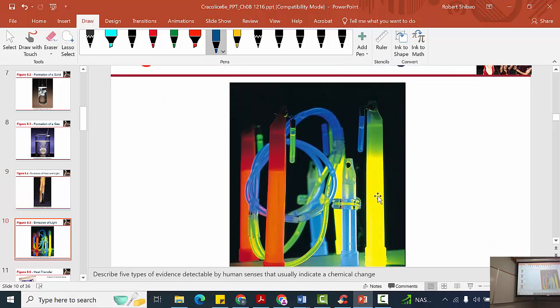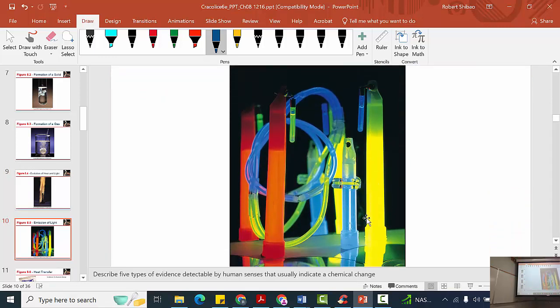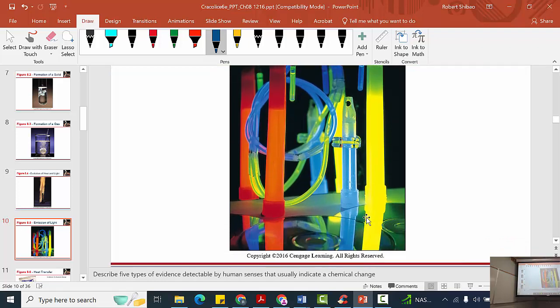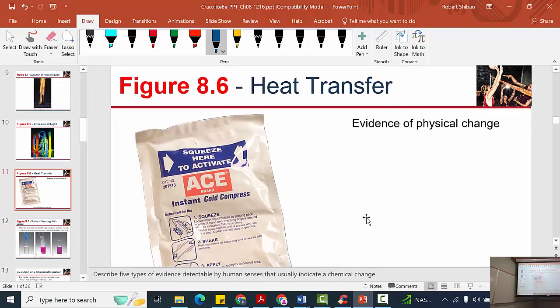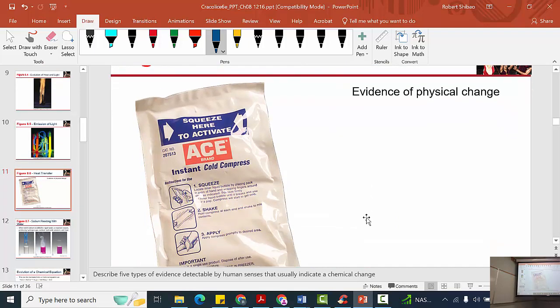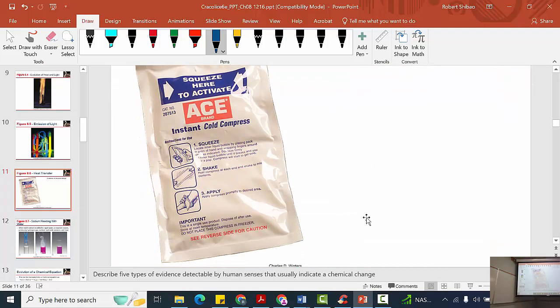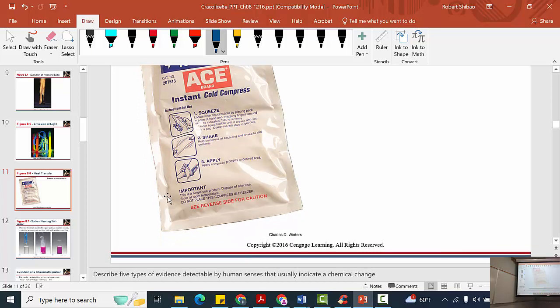Here are these glow sticks. These are emitting light from the chemical reaction that occurs. Cold pack. Is a cold pack endo or exo? It's endo. This is absorbing energy from outside, whereas a hot pack would be exothermic.